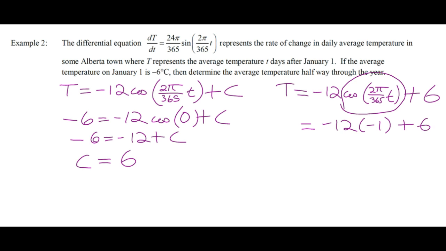Negative 1. Start at 1, drop to 0, halfway through we're at negative 1, come back to 0. So this is 18 degrees Celsius. That makes a lot more sense for halfway through the year than the 12 and a half that I had. Wow, it's not that cold at the end of June or early July.